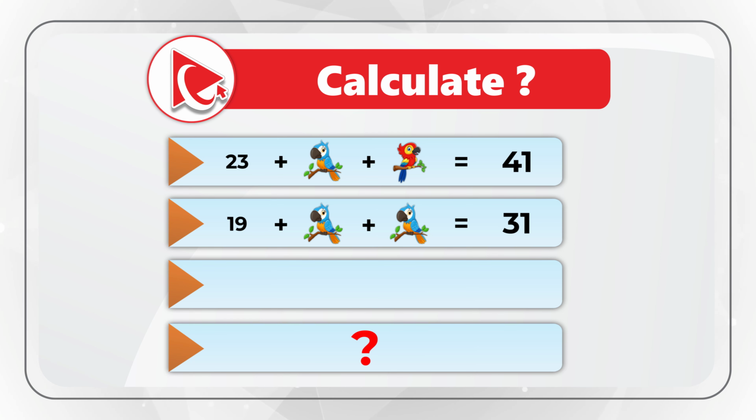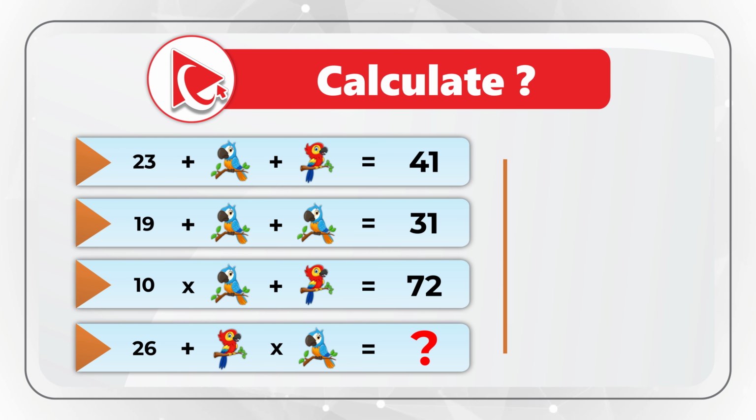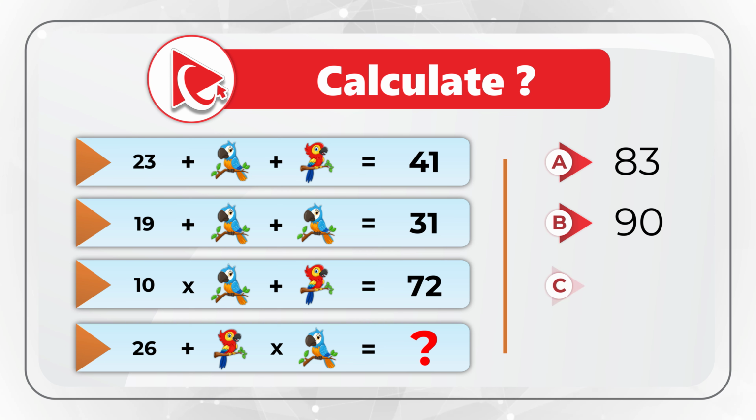Third equation is 10 multiplied by blue parrot plus red parrot equals 72. And last but not least, the expression is 26 plus red parrot multiplied by blue parrot equals the missing value. You need to select the missing value out of four possible choices. Choices A, 83, choice B, 90, choice C, 98, and choice D, 107.